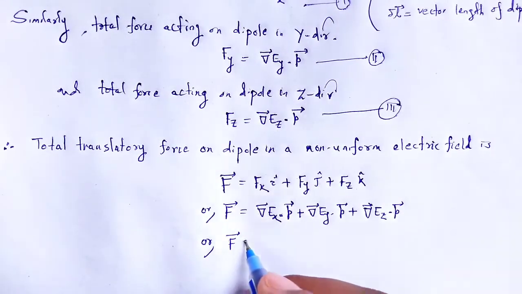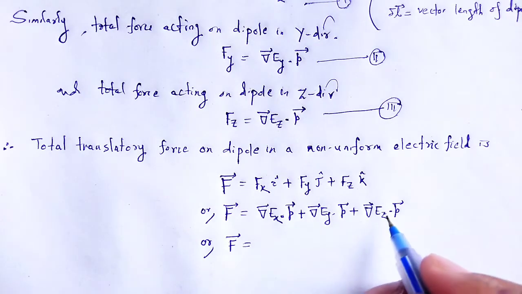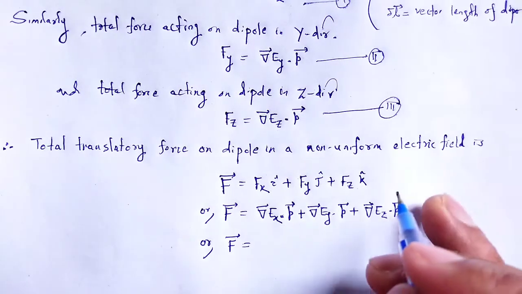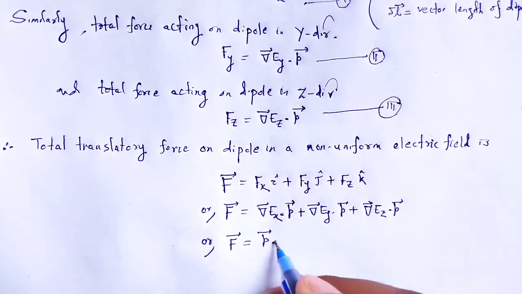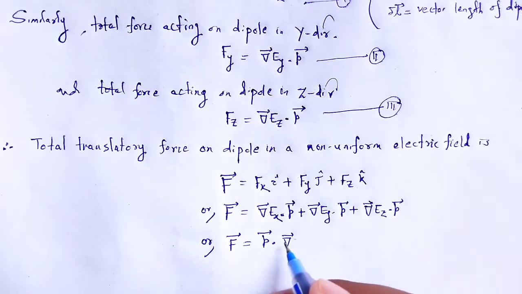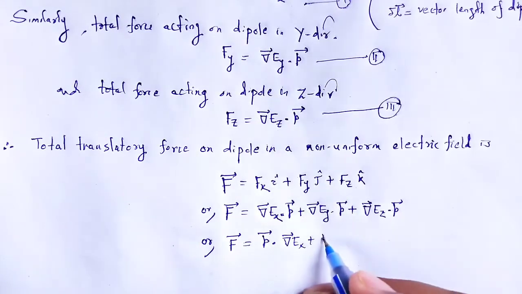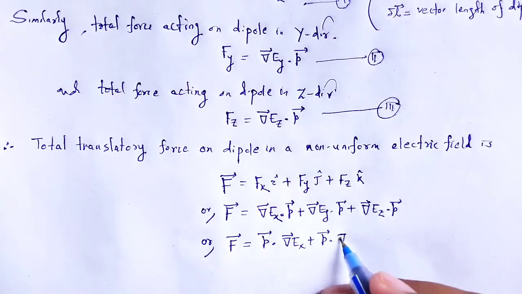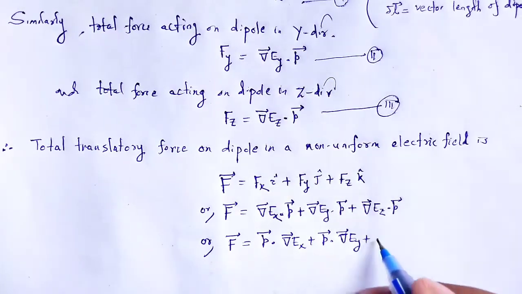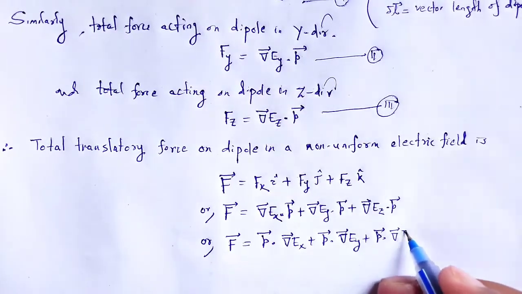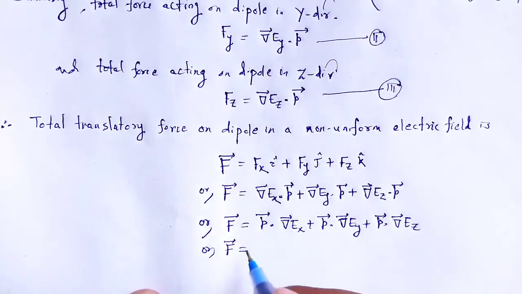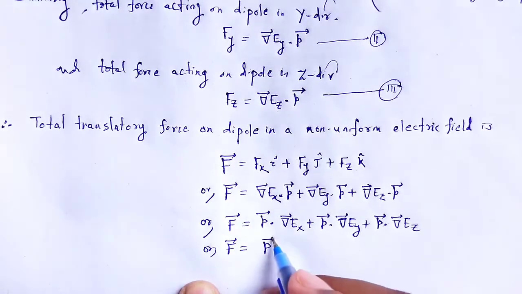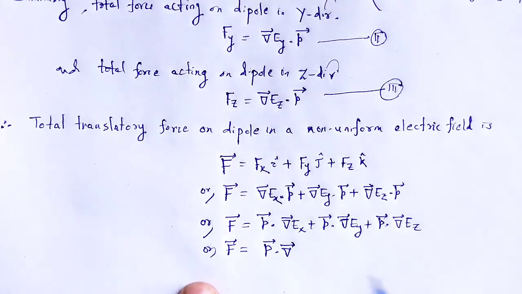F vector is equal to, since these are dot products, changing the order, the result will be the same, P dot grad Ex, P dot grad Ey, P dot grad Ez, or F is equal to P dot grad into E vector.